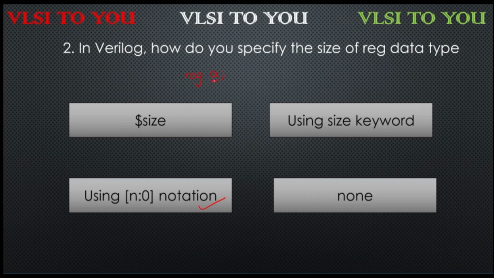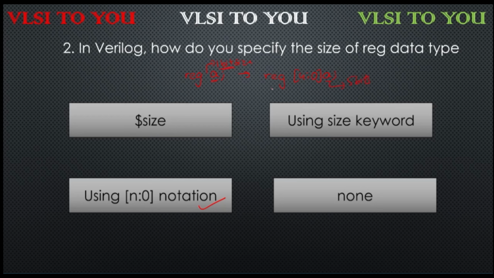If you see, this is of 1 bit size. If I want to increase the size of this, what can I do? reg [4:0] A. Now what happens? The size of A has increased from 1 bit to 5 bits.